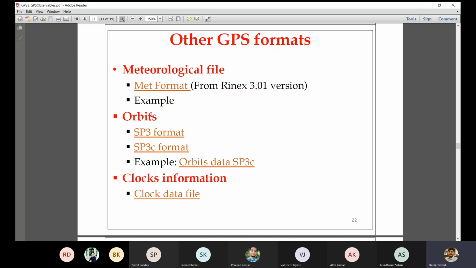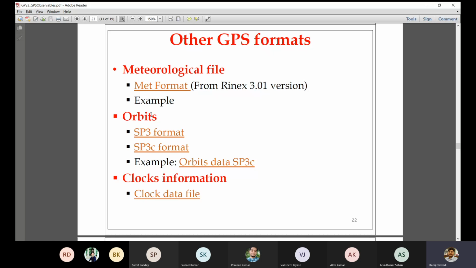But in that satellite orbit data, the format is called SP3 format. You may recall from your chemistry days the orbital configuration of a compound, named like sp3d, sp3.